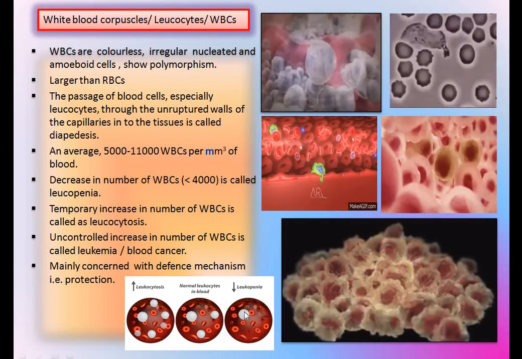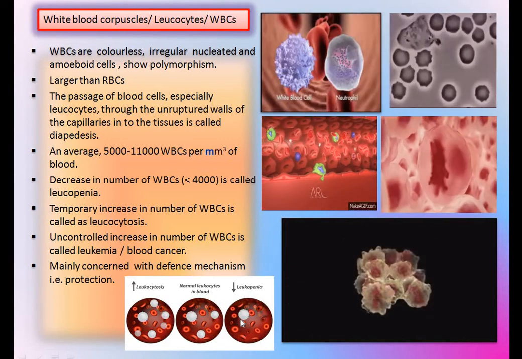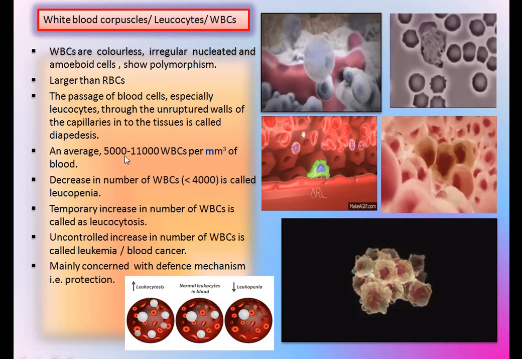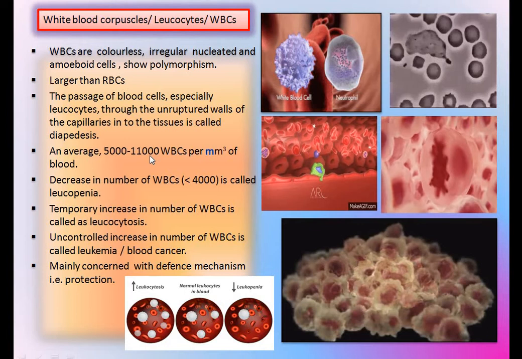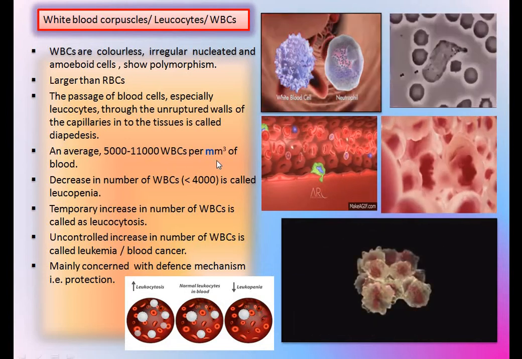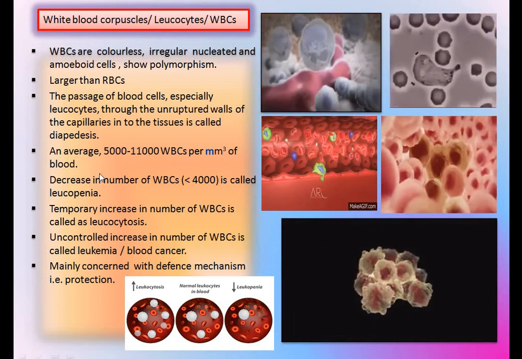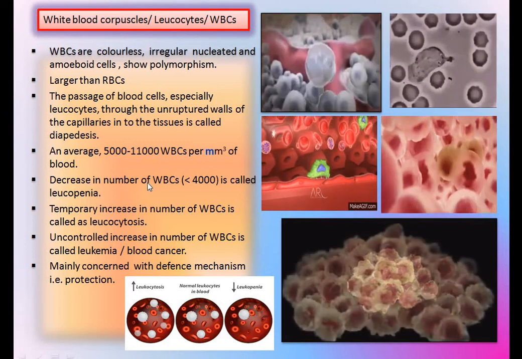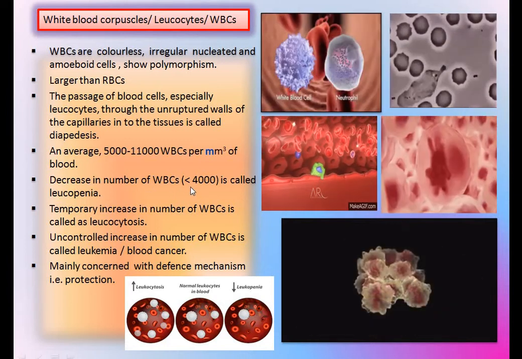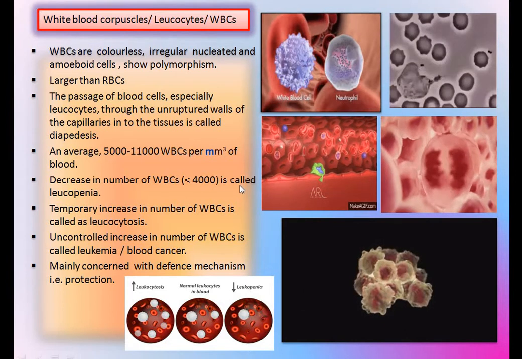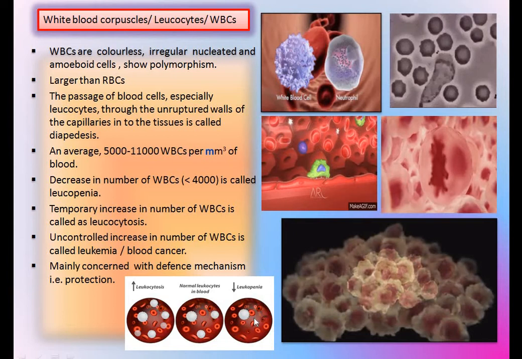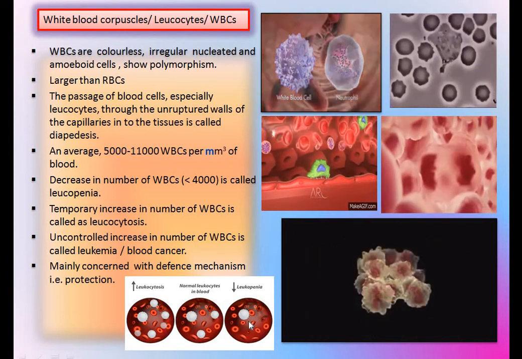That means the normal range of WBCs is about 5,000 to 11,000 per mm cube of blood, but when the number decreases to less than 4,000, it is called leukopenia.